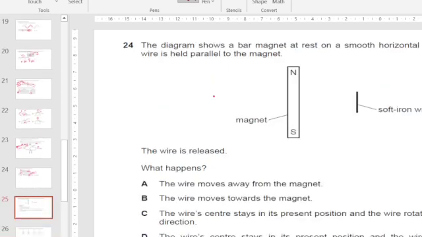And the 24th one. The diagram shows a bar magnet at rest on a smooth horizontal surface. The length of soft iron wire is held perpendicular to the magnet. The wire is released. Now what happens?